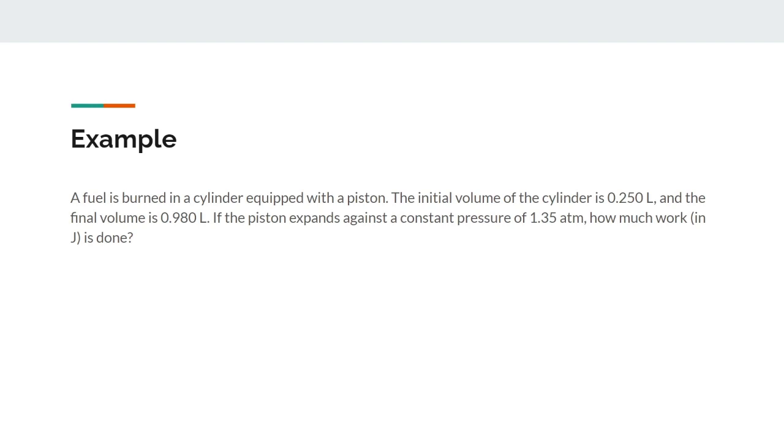So right off the bat, this is obviously a PV work question, and it's going to be using this equation we have right here, because it specifically denotes that we have a constant pressure of 1.35, and it gives us the final volume, which is 0.98, and the initial volume, which is 0.25. So they're giving us everything we need. We just have to first calculate the delta V, which is easy.